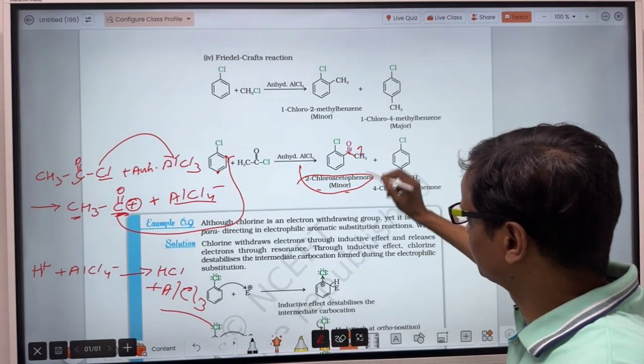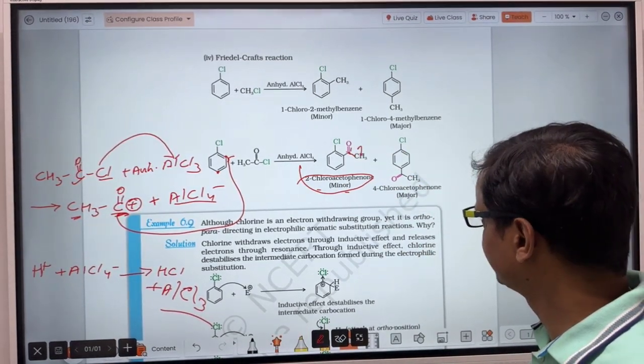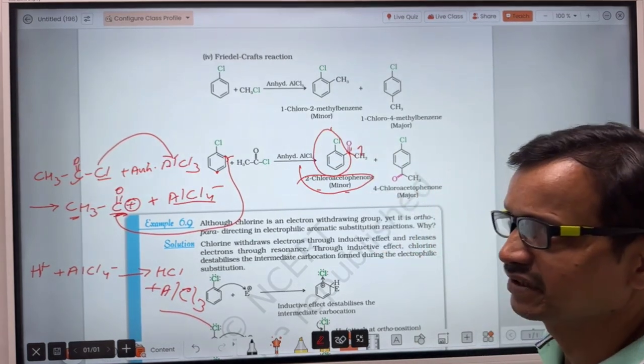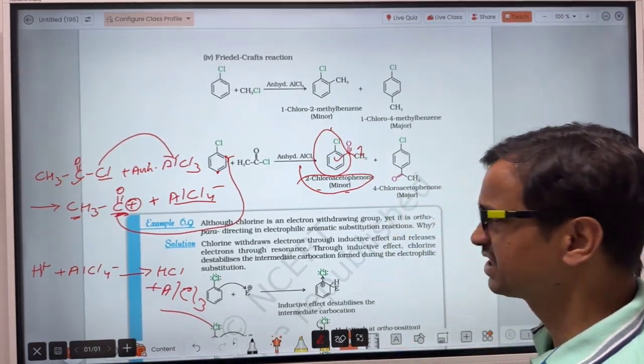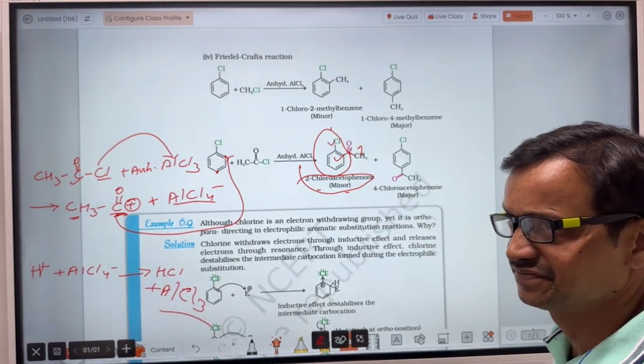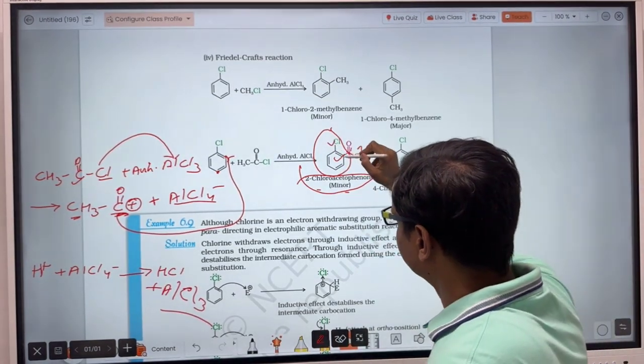So it will be here 1, 2. So ethanone will be the main name, and this will be considered as substituent, of which benzene is the main substituent and chlorine is the sub-substituent. Then after that you have to do the numbering of that also.